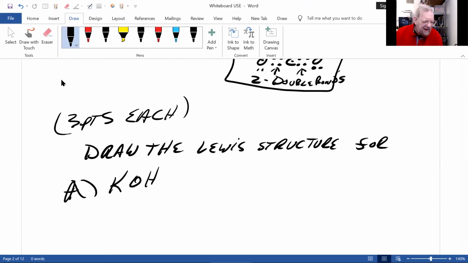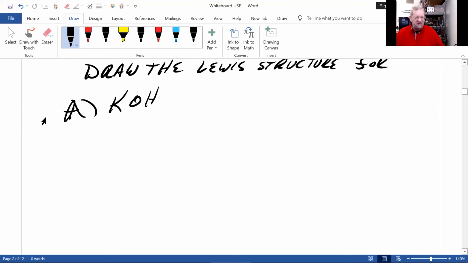All right, KOH, potassium hydroxide, also known as potash, because it was originally found in the wood underneath the pots we cooked in when people used to cook over a fire.